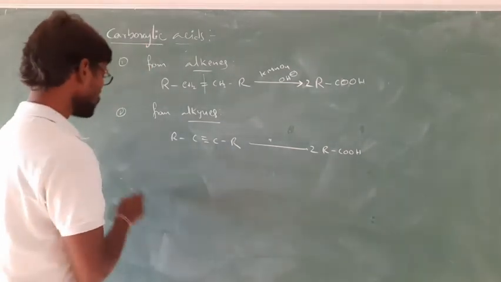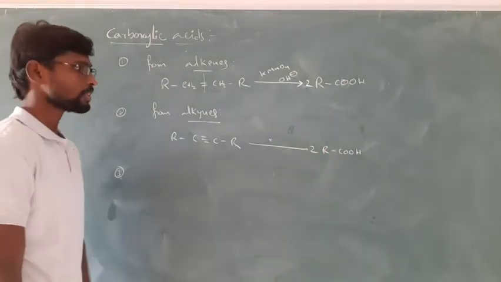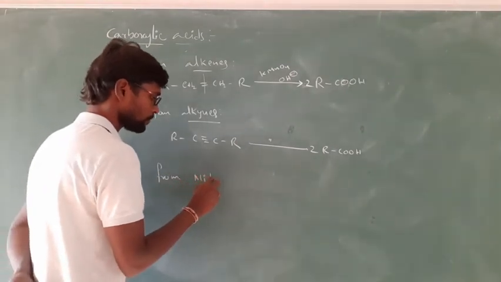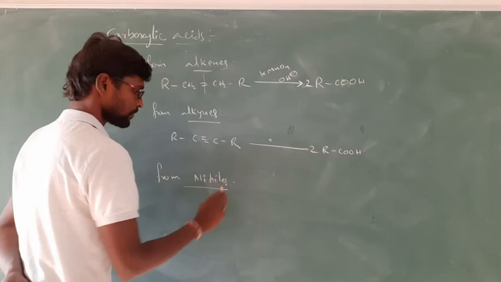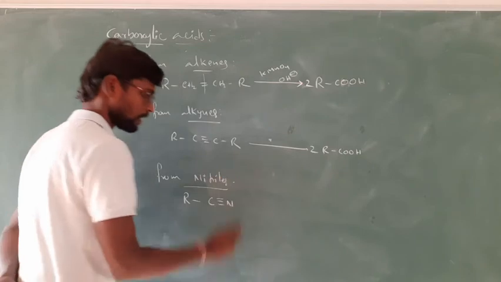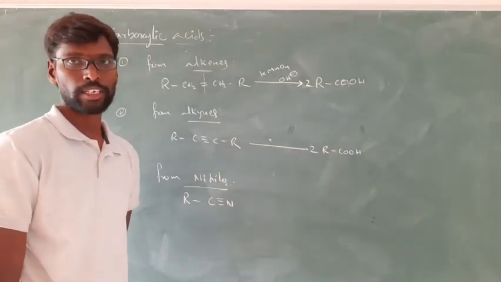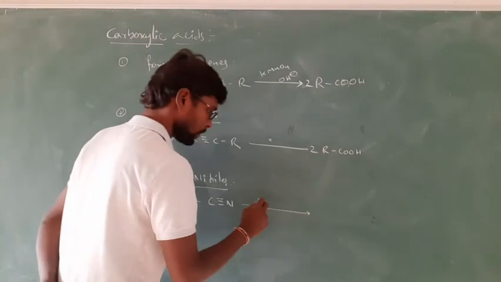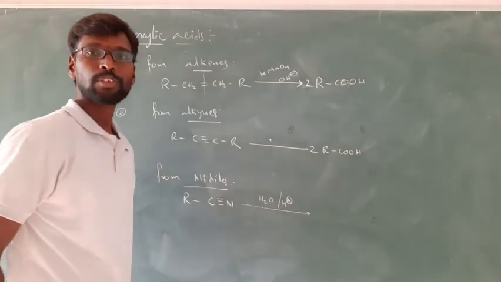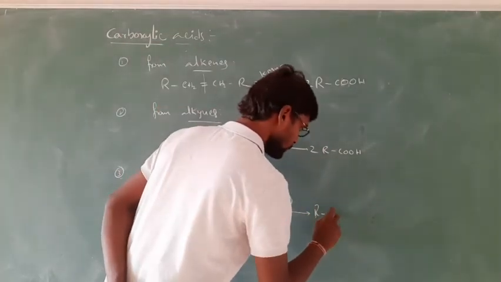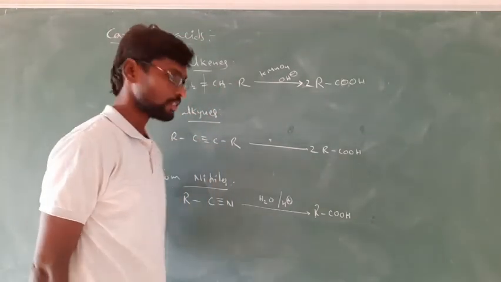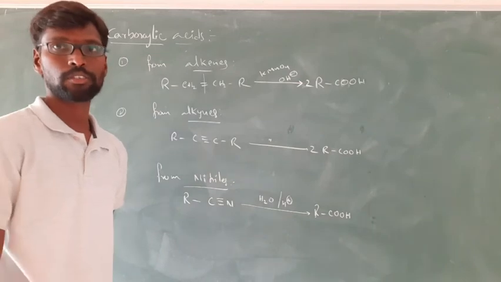Third one is from nitriles: RC≡N. These are called nitriles or cyanides. If you do acid hydrolysis in the presence of H plus, the final product is RCOOH. So these are the three basic methods for the preparation of carboxylic acid.